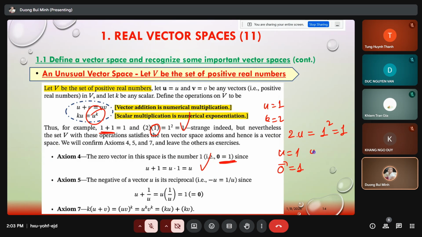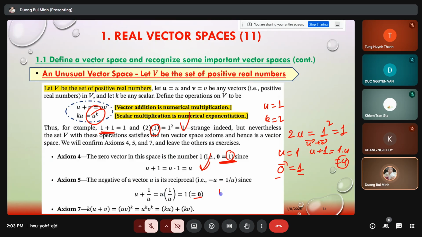So U plus the zero vector must be 1 times U, you get U, because we define the zero vector as 1. U plus 0 is 1 times U, because vector 0 is 1, and 1 times U is U. Correct. Okay, how about this one?